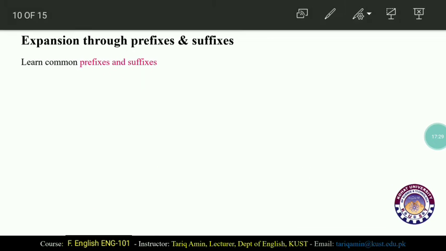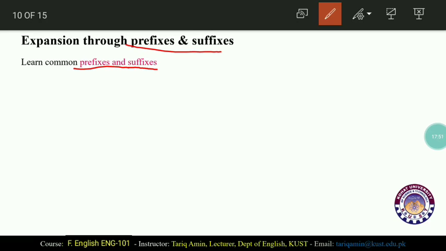Now, expansion through prefixes and suffixes. We can build and expand our vocabulary through learning prefixes and suffixes. First of all, we need to learn common prefixes and suffixes. If you want to learn different words, first of all, you need to download a list of prefixes and suffixes.